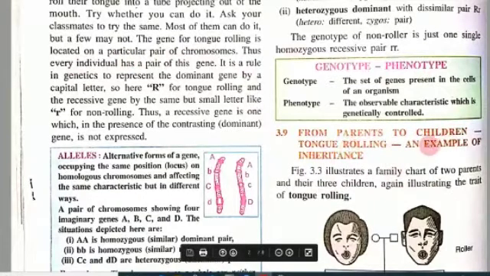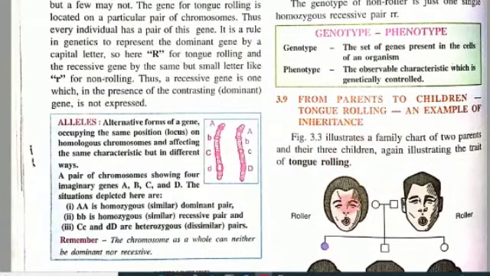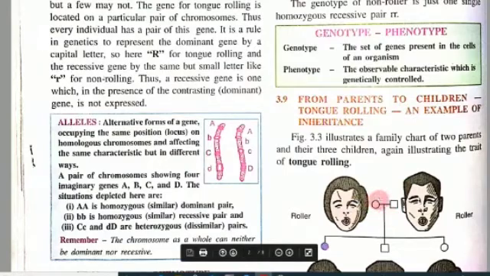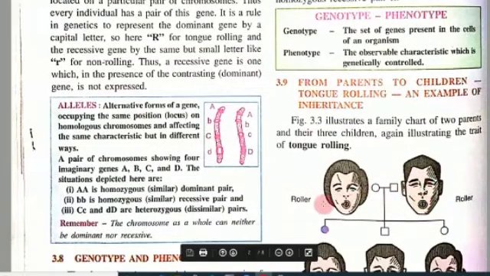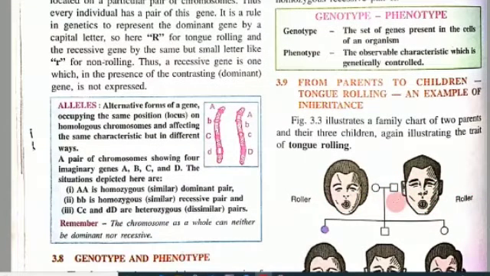From parents to children, tongue rolling is an example of an inheritance. Father and mother are shown in a picture. The circle is called female or mother, and the square is called father. Both parents are rollers.